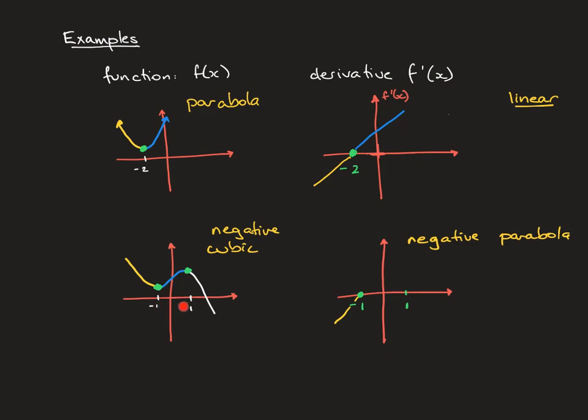Between -1 and 1, our cubic is positive, so we're going to be up in the positive section up here for our parabola. And so our parabola is going to come up and tip over and then come back to 0. And then to the right-hand side of 1, it's negative again, and so our graph will become negative down this way.